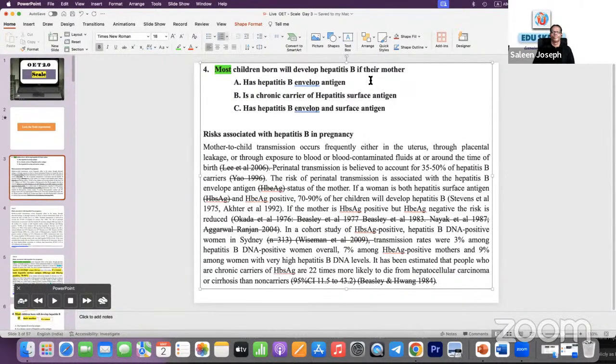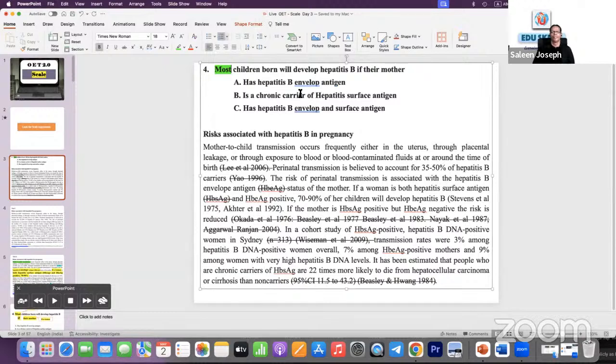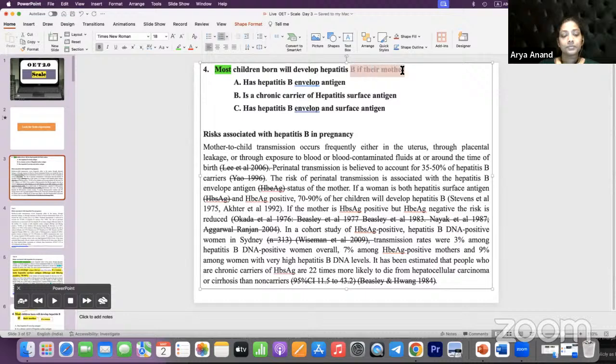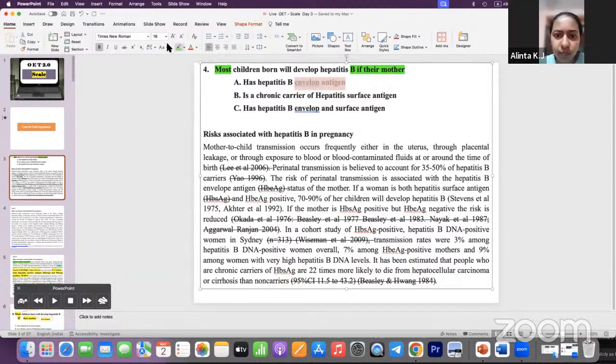Develop hepatitis B, that is a common thing, hepatitis is everywhere. If their mother. And here, hepatitis B envelope antigen and surface antigen.